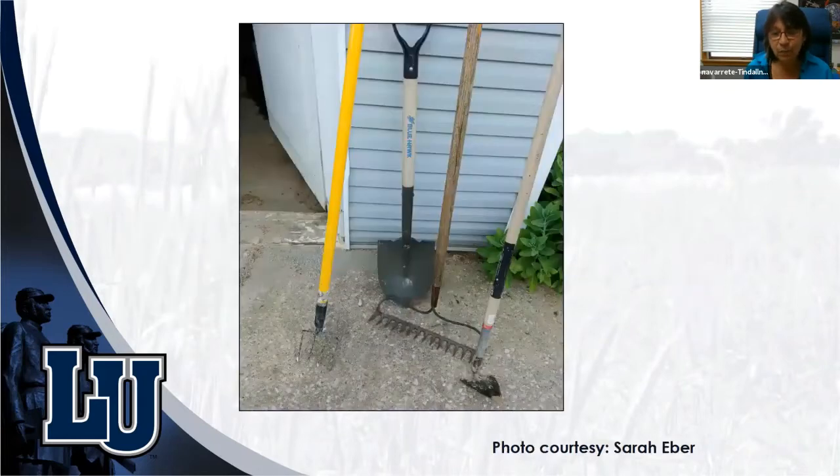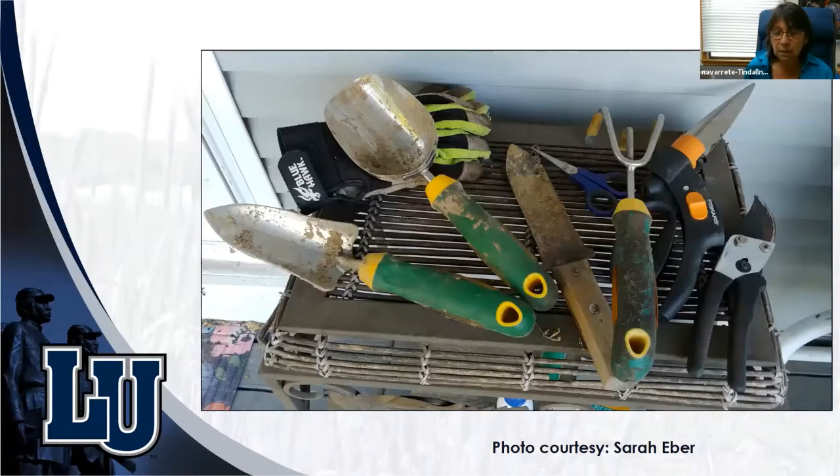And I like these pictures because these are Sarah Evers' tools, because this is just an example that we can become almost collectors of tools. Sometimes we just like to have them all. Sometimes they sit in the garage, but then eventually they get to be used. But these are really the most important tools to have.